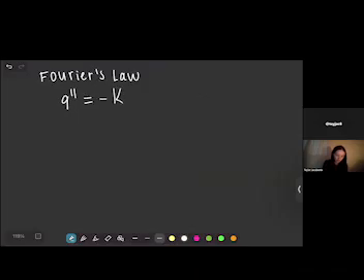Okay, as we know, the heat flux is equal to negative one times the thermal conductivity times the temperature gradient. So we're going to talk about why this negative sign is so important.